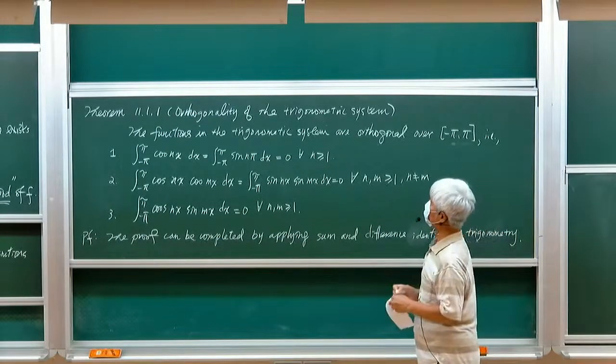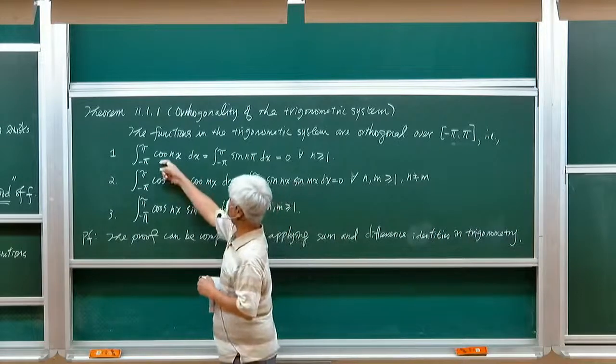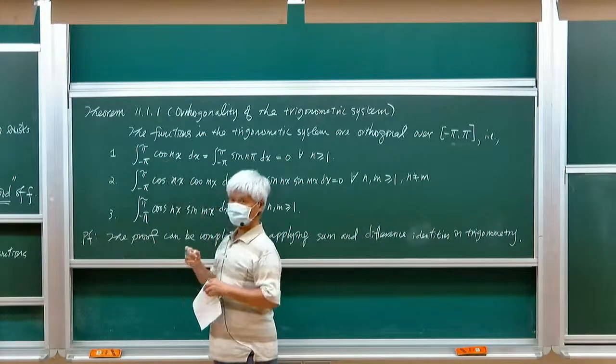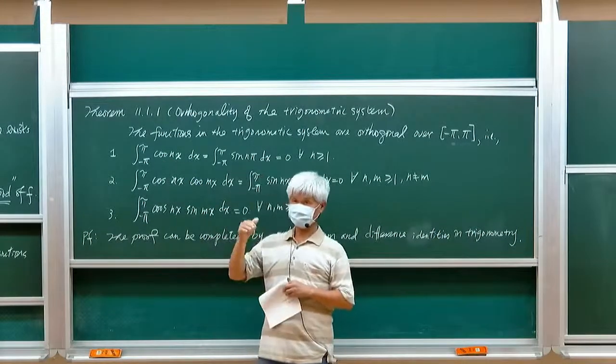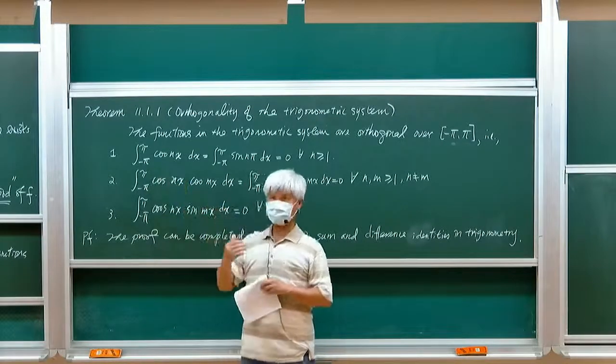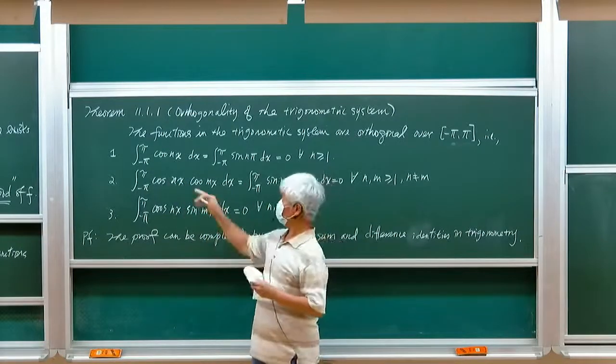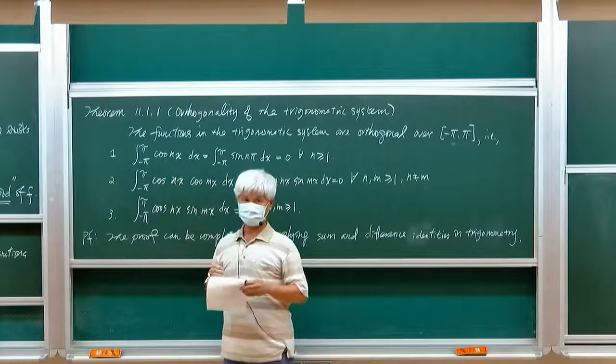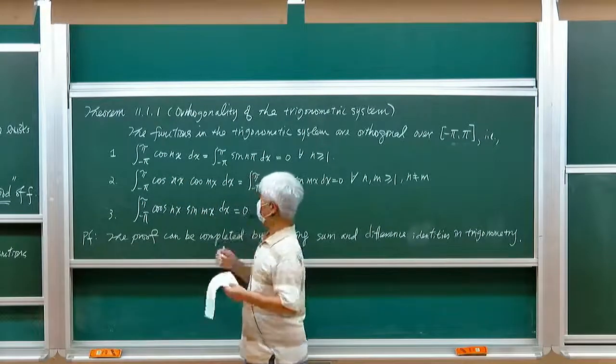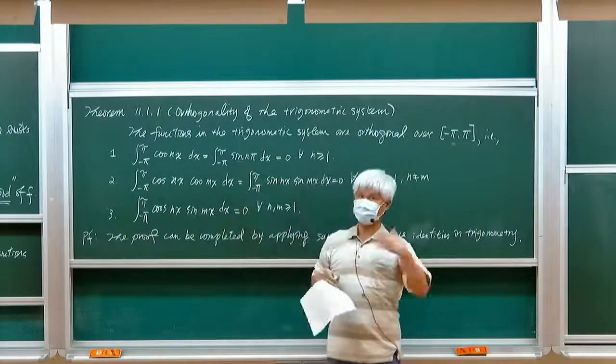Okay. So this one can be obtained by using the antiderivatives of the cosine function and the sine function. Okay, you know the antiderivative of the cosine function is sine, right, and the antiderivative of the sine function is cosine.